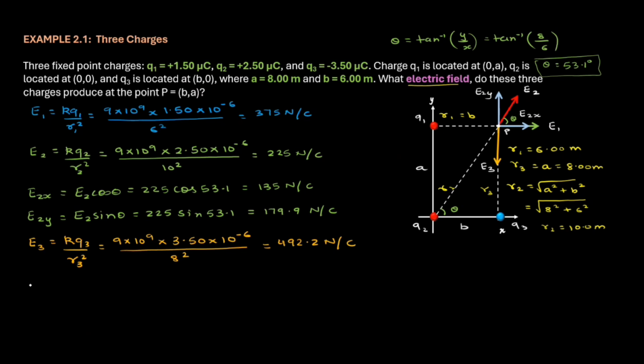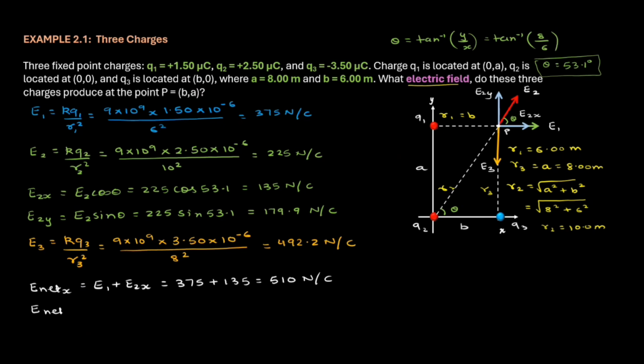So I will write E net along the x-axis to be equal to E1 plus E2x. E1 is 375 and E2x is 135. And when you add them, you get the net electric field along the x-axis to be equal to 510 Newton per coulomb.